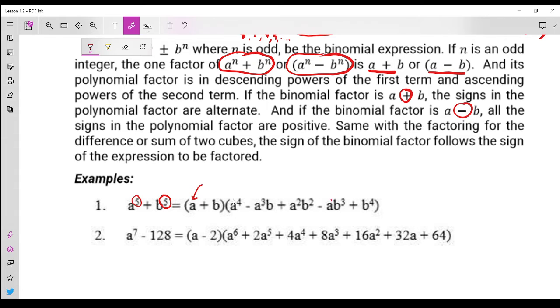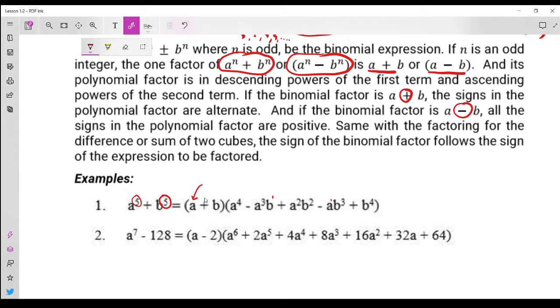And then for b, b raised to 0, b raised to 1, b raised to 2, b raised to 3, b raised to 4. Again, the exponent of the first term should be in descending order, 4, 3, 2, 1, 0, and the exponent of b should be in ascending order, 0, 1, 2, 3, 4.